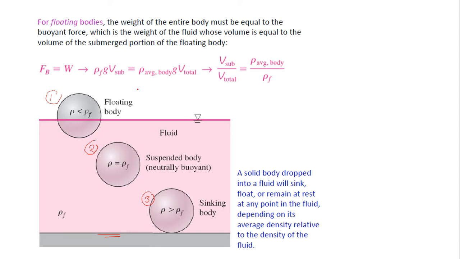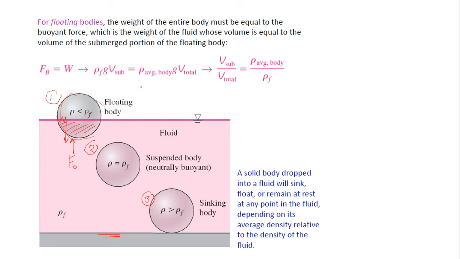Okay, so for floating bodies, the weight of the entire body must be equal to the buoyant force, FB. The weight acts downward, and the buoyant force is the weight of the fluid whose volume is equal to the volume of the submerged portion of the floating body.